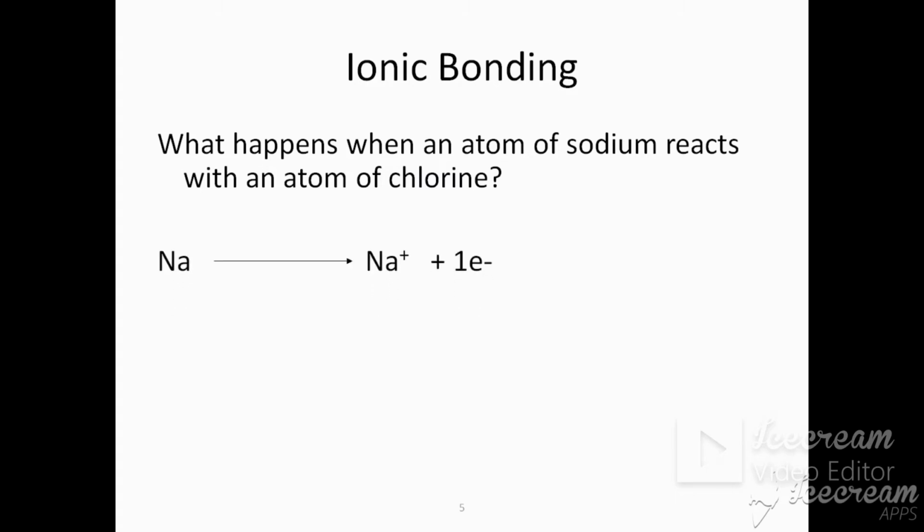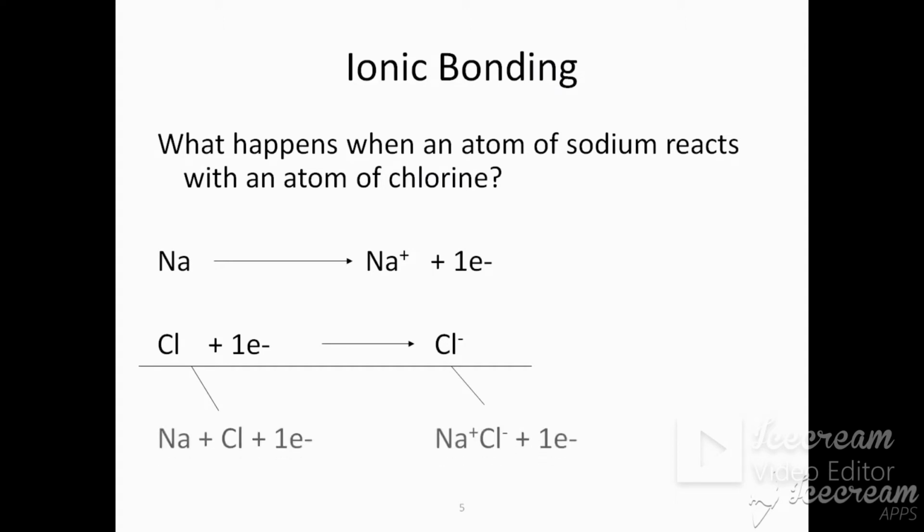Na becomes Na+ plus 1e-, and Cl plus 1e- becomes Cl-. Adding them, Na plus Cl becomes Na+ plus Cl-.